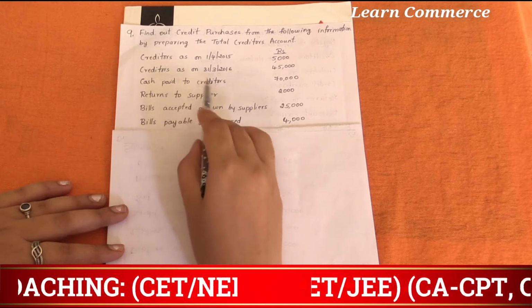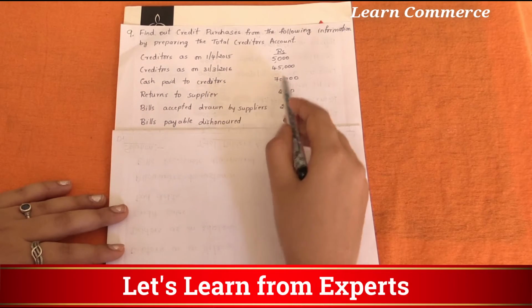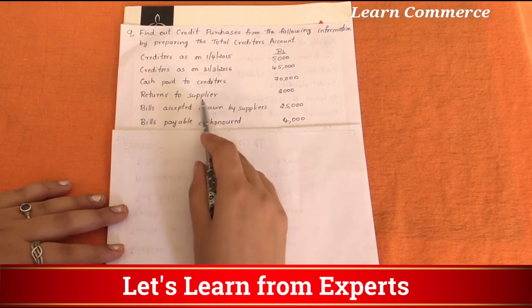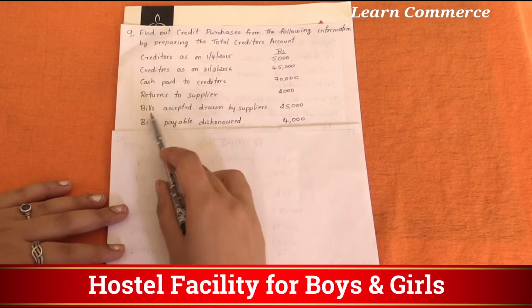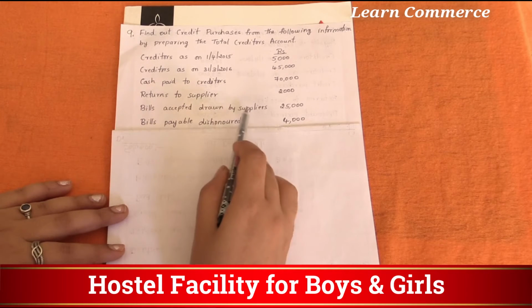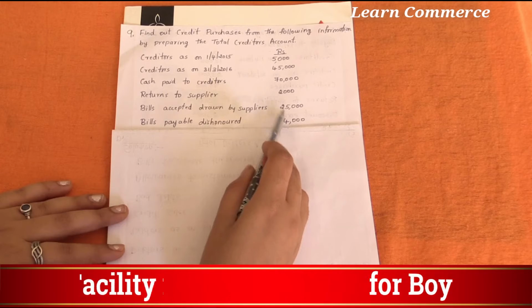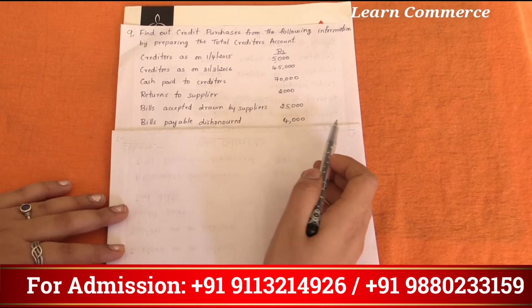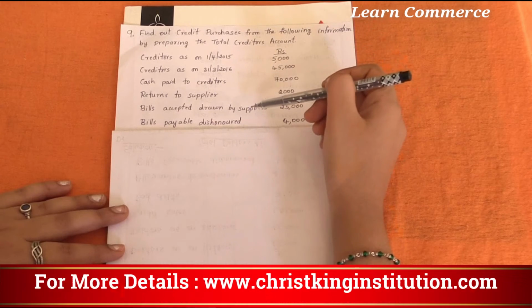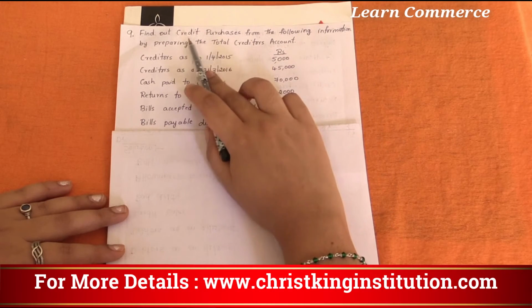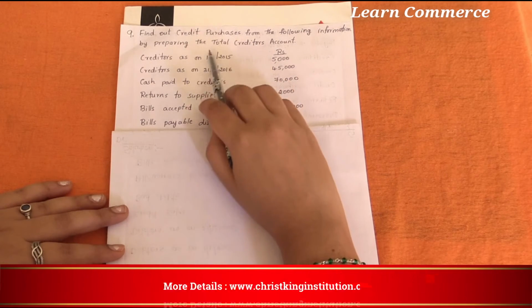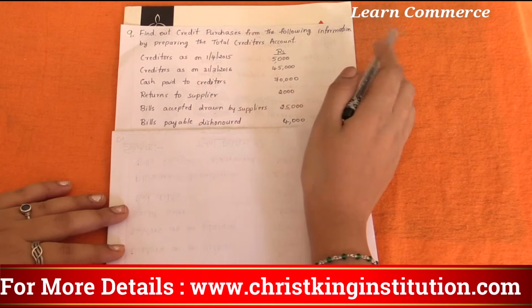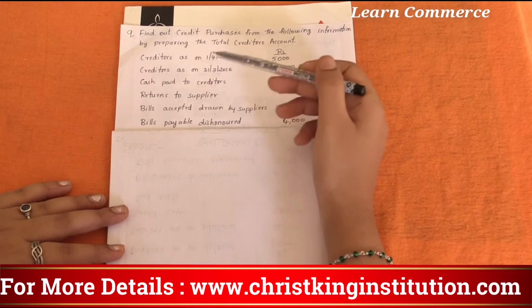Cash paid to creditors, 70,000. Returns to supplier, 2,000. Bills accepted drawn by suppliers, 25,000. Bills payable dishonored, 4,000. So we have to find out the credit purchases by preparing the total creditors account and given this information related to creditors.